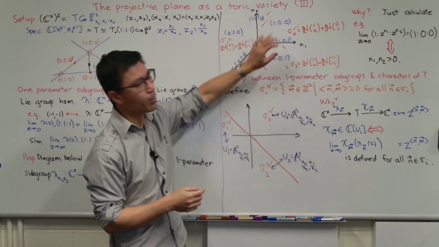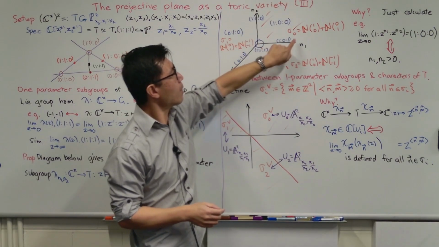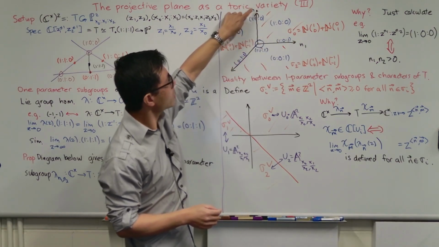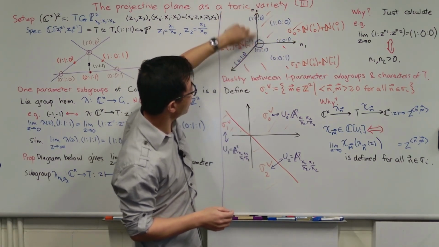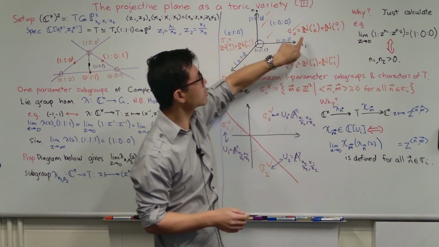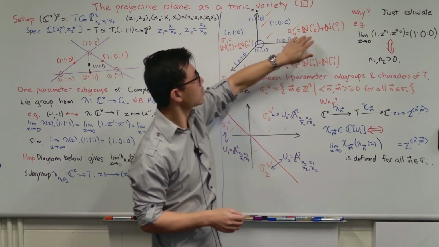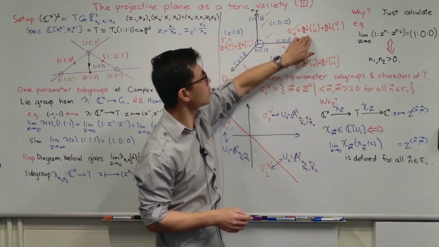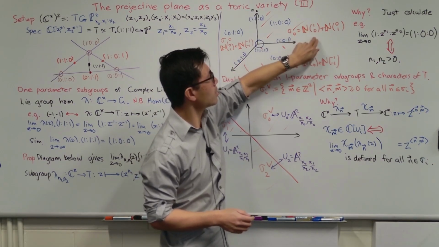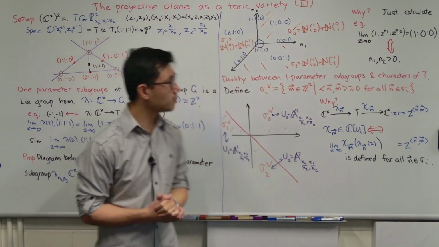I'm going to introduce a little bit more notation here. This two-dimensional region, I'm going to call sigma 0, and it's going to be the closed one. It's going to include this boundary ray here, this boundary ray here, and also this boundary vertex here. So that's basically this subset of the lattice Z2: n times (1, 0) plus n times (0, 1), this positive quadrant.